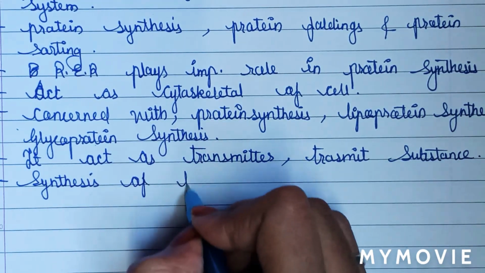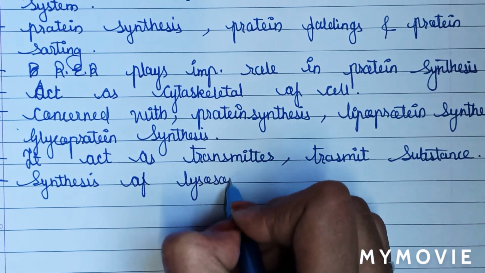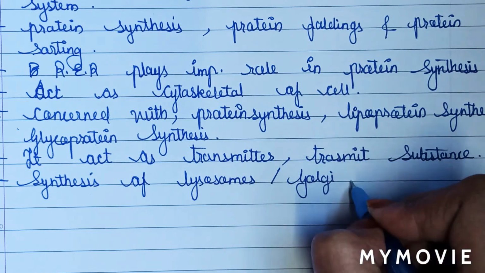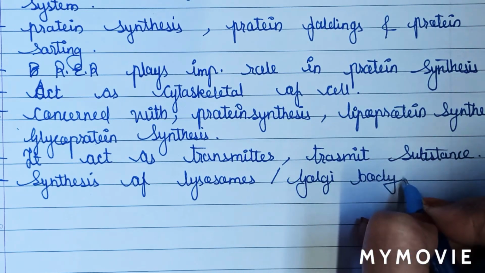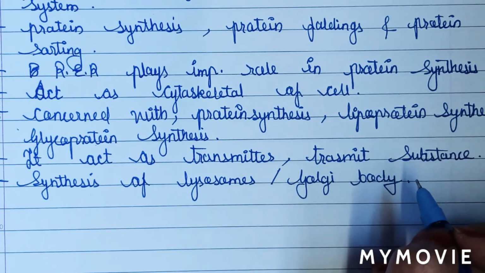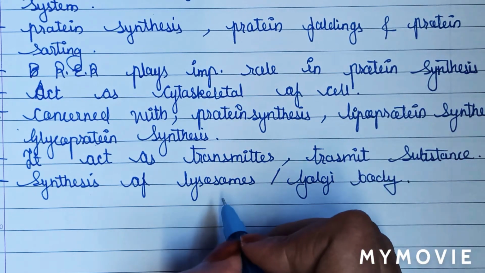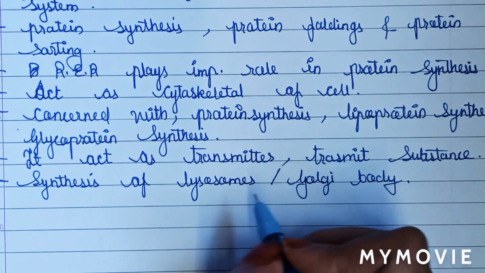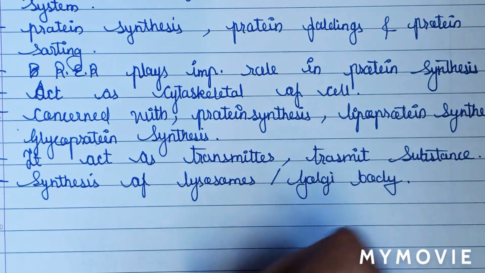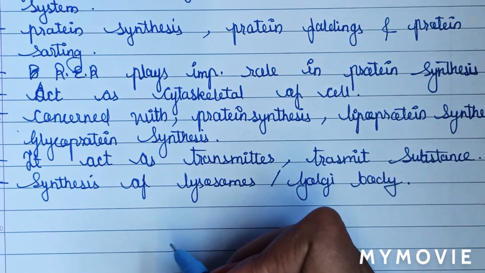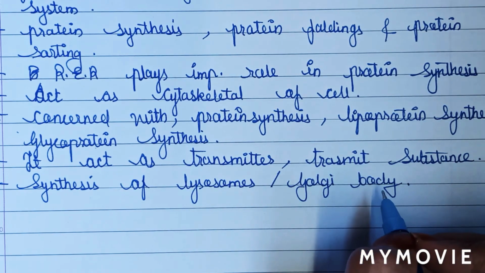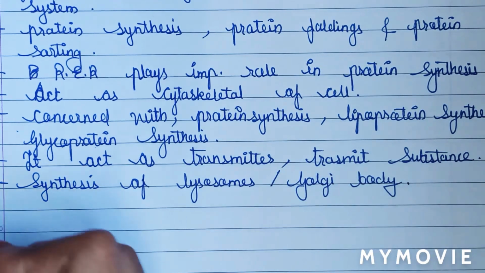Lysosome and Golgi body are also cell organelles. Lysosome is known as the suicide bag. If a cell organelle gets damaged, at that time lysosome engulfs its own cell organelle, so it is known as a suicide bag, and Golgi body is known as the traffic center of the cell.